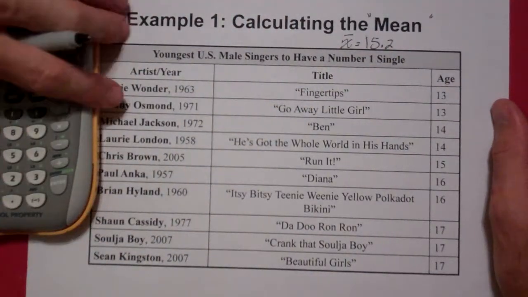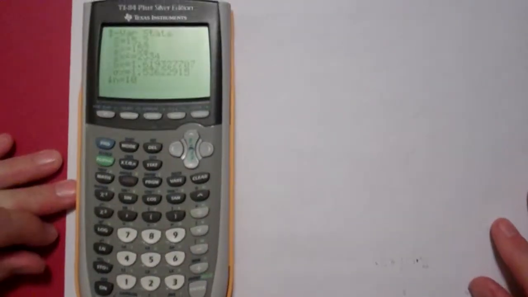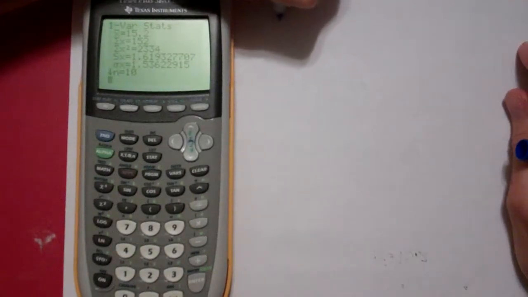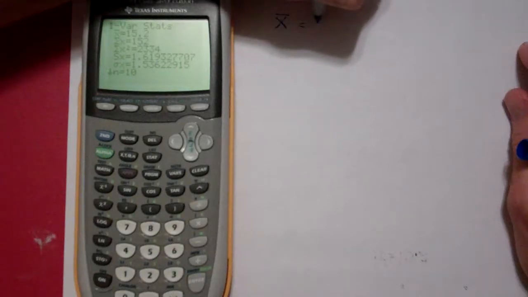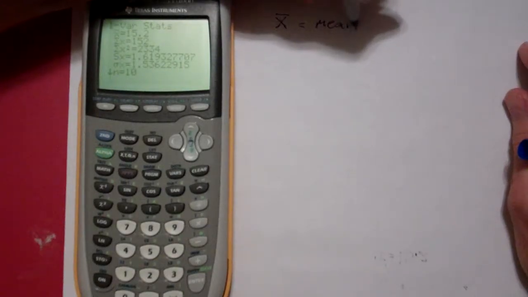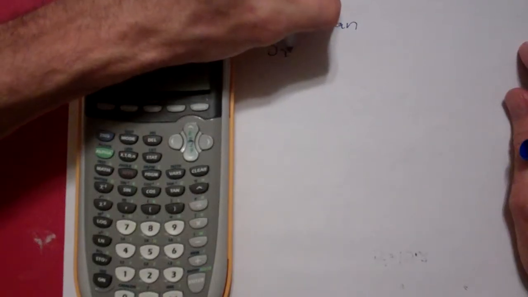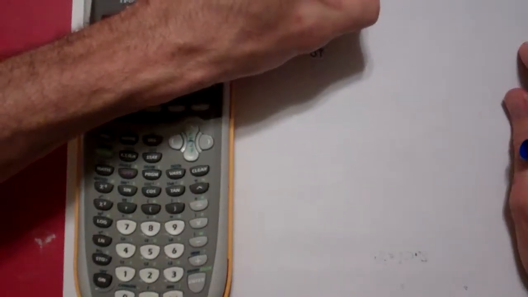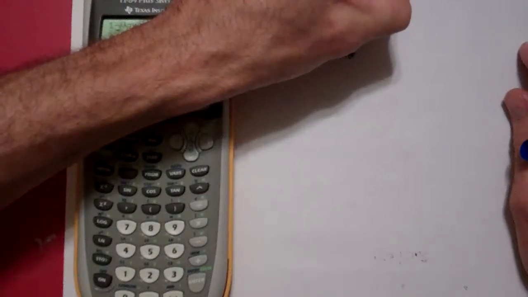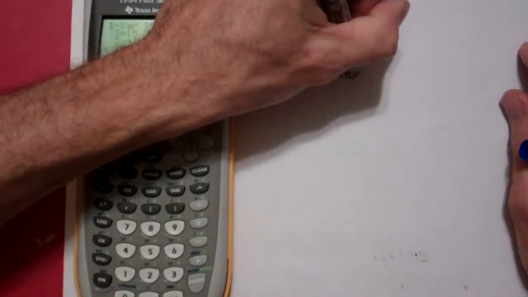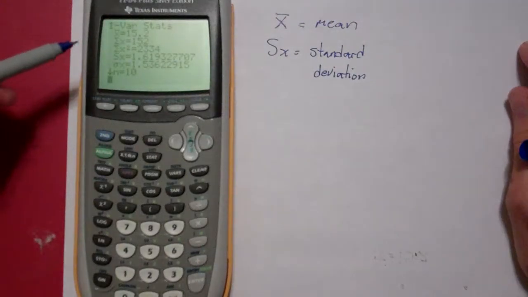Alright, now what do some of these other things mean that are on my calculator, right? So of course X bar is the mean, the capital S small x is the standard deviation, which we're going to talk about in the next video.